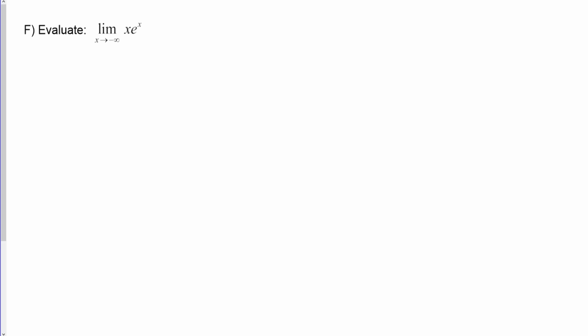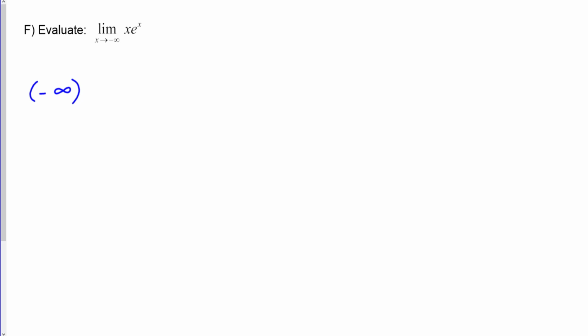All right, let's try the limit as x goes to negative infinity of x times e to the x. If I allow x to go to negative infinity, so the first function, I cringe at doing this, but I'm going to do it anyway.